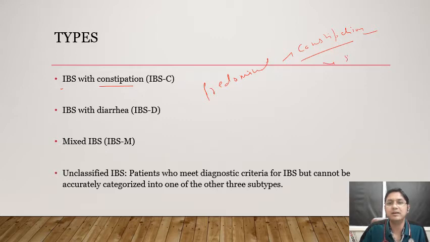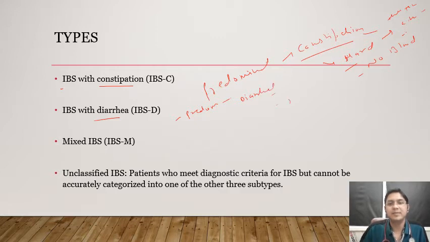The stool is hard and there is absolutely no blood in the stool. The only complaint is hard stool, and very typically patients say that they have to take it out with the finger. Means it is so hard that the patient is unable to strain, so he has to take the stool out with the help of the finger.